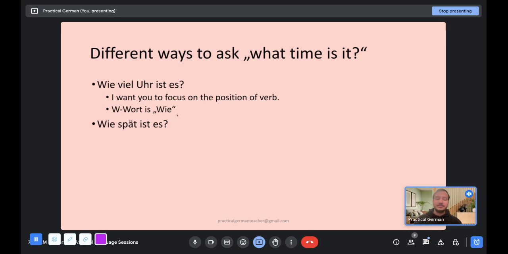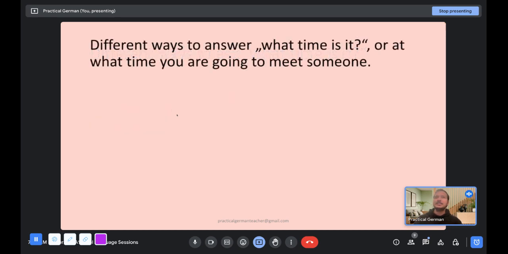If someone asks you this question, know that they're asking you for time. What is even more important is not just what time it is, but every day you will have a meeting with someone. It happens with me almost every day that someone says, Rohit, do you have time? And I will say yes, but at what time do you want me to have time?